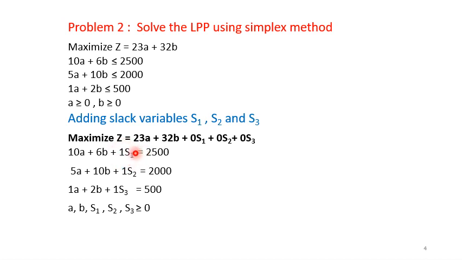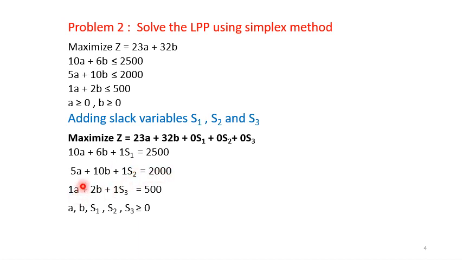Here only slack variable S1 is added in the first constraint. S2 and S3 are not there, but you can consider that S2 and S3 with coefficients of 0 are there in this constraint. So you can read it as 10A plus 6B plus 1S1 plus 0S2 plus 0S3 is equal to 2500. Similarly, the second constraint is 5A plus 10B plus 0S1 plus 1S2 plus 0S3 is equal to 2000.